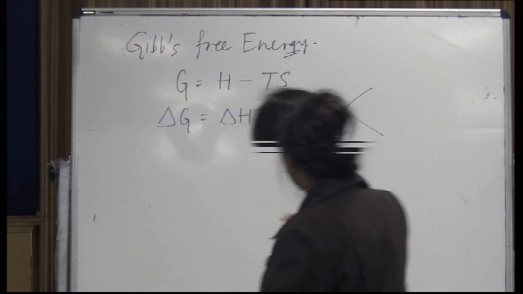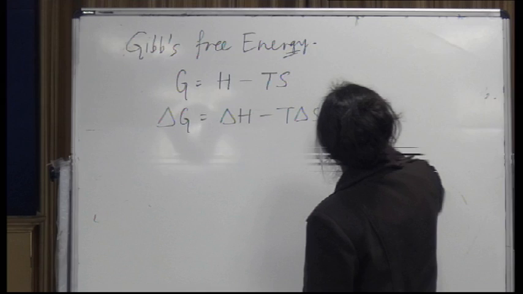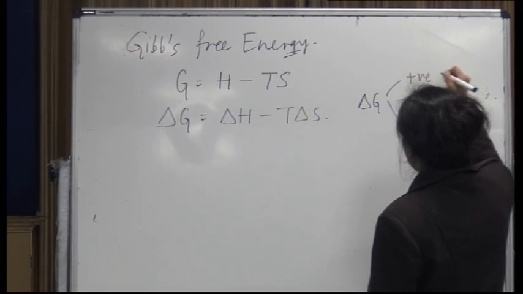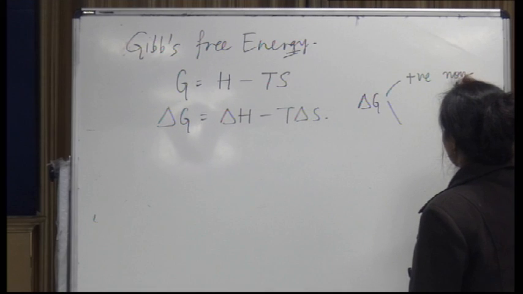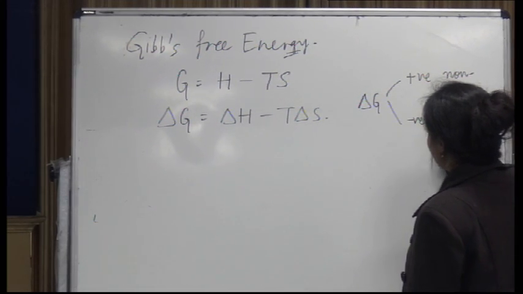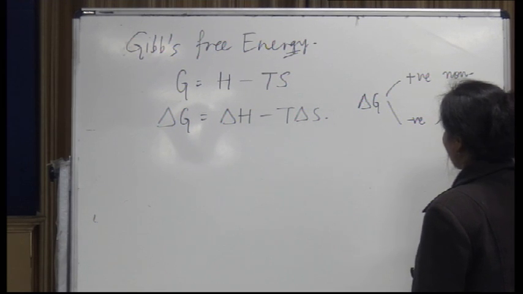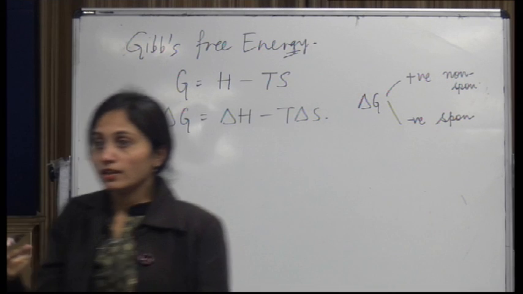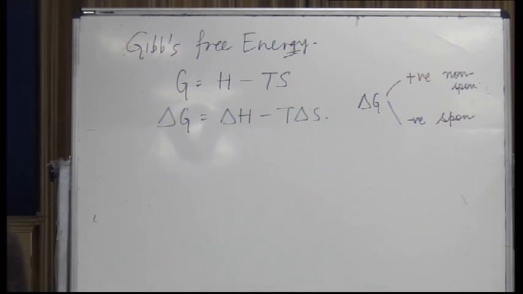Now in this case, when delta G is positive, we say that the reaction is non-spontaneous, and when delta G is negative, the reaction is spontaneous. This trend is the reverse for delta G. Delta S positive matlab randomness is increasing, and that means that reaction will occur. That means the reaction is spontaneous.